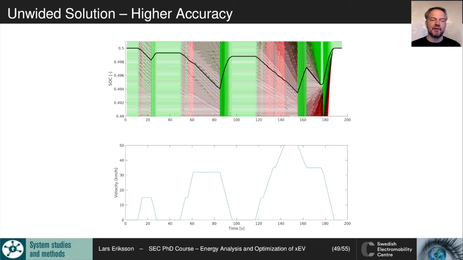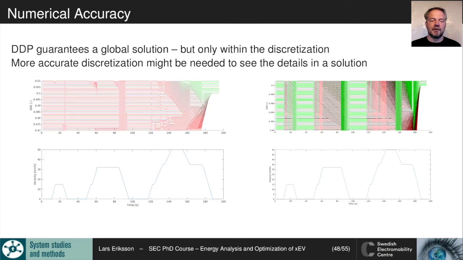The problem in the previous was that the discretization was so coarse that we ended up hitting the battery limits, and when the battery limits are hit, the cost is infinite, so we don't get access to the flexibility that the system provides. So, as we said previously, the DDP guarantees a global solution, but we might need to think about the discretization to see the necessary details.